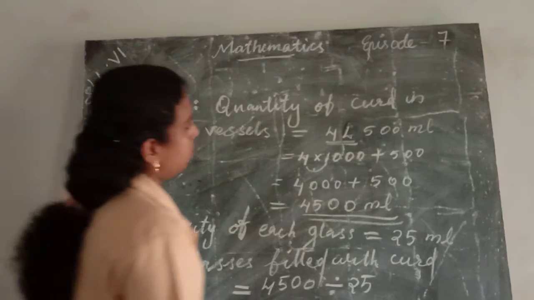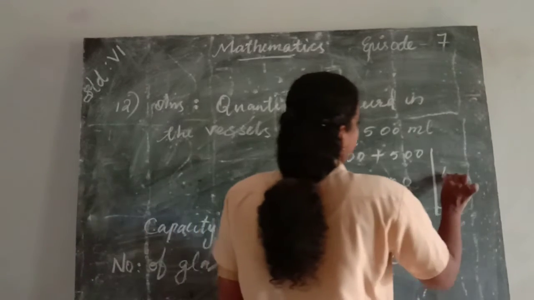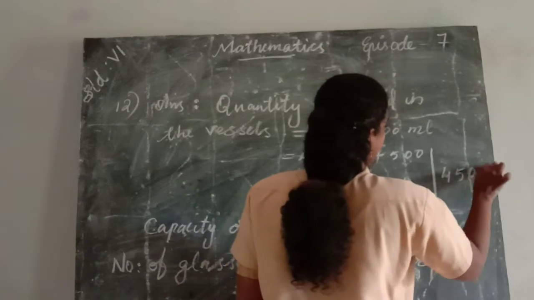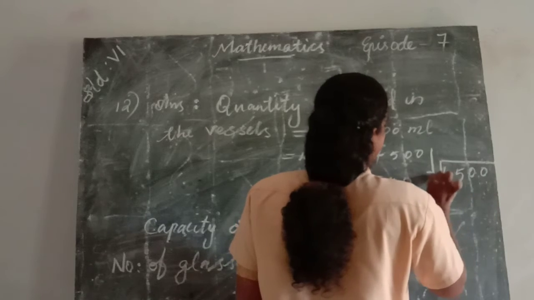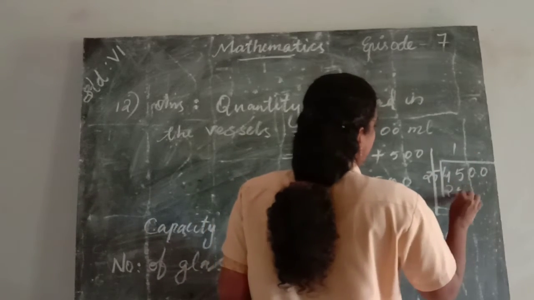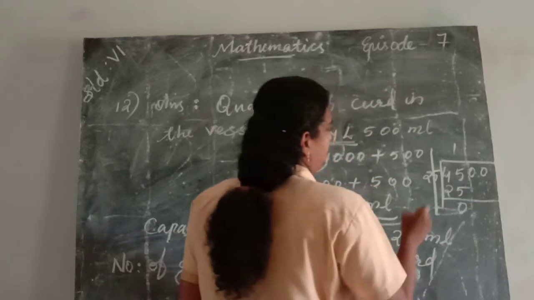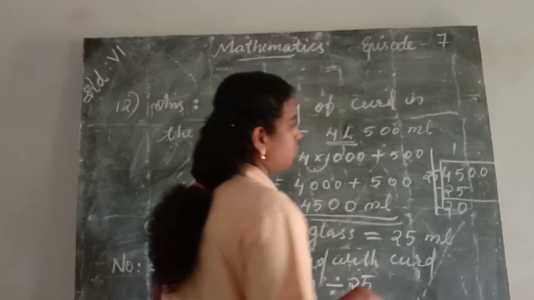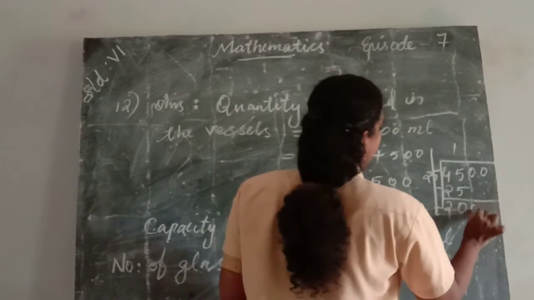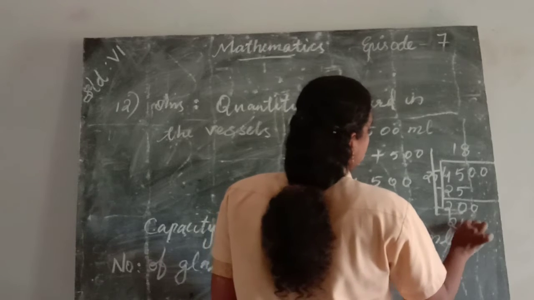So divide the following: 4500 divided by 25. 1 25 is 25. 5 minus 5, 0. 4 minus 2, 2. Then put down the 0. Then 200. 8 25 is 200.